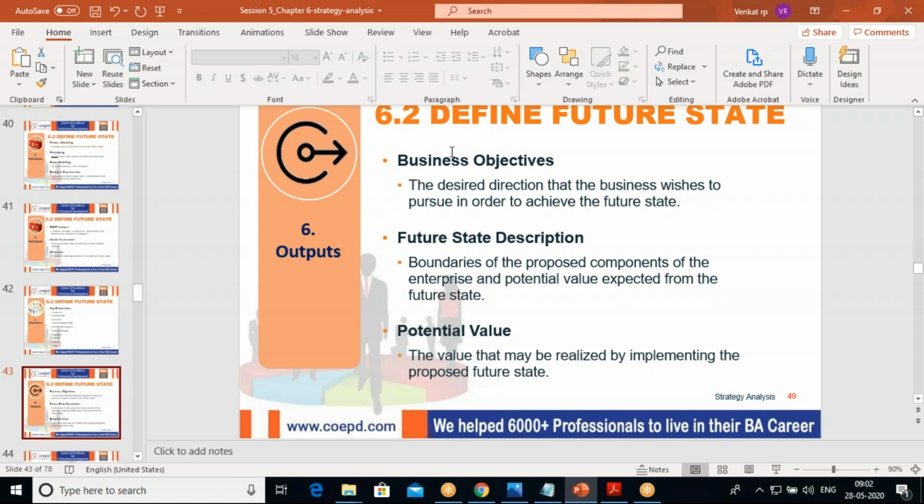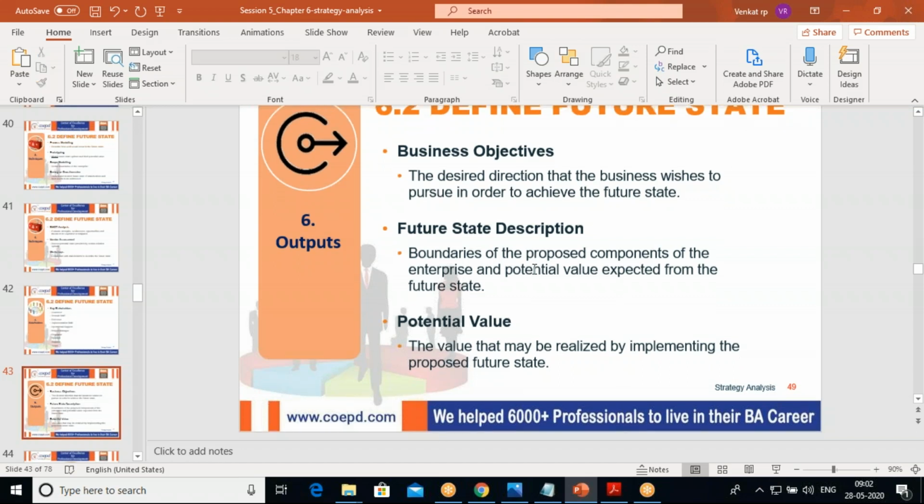Those 11 elements are what? Business goals and objectives, scope of solution space, constraints, organization structure and culture, capabilities and process, technology and infrastructure, policies, business architecture, and internal assets and external influence. Like we have, identify these assumptions and the potential value. So these are the 11 elements we'll be considering, and we're getting these three outputs.